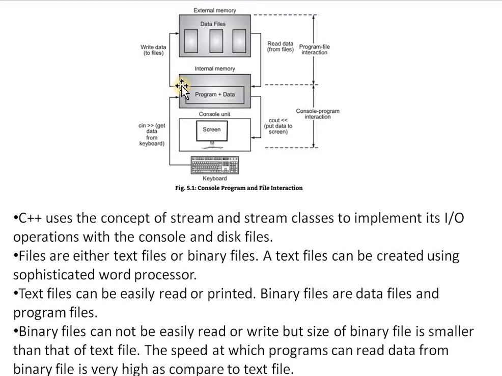When we want to write data to the file, we use external, permanent memory to write the data to the files. Whenever the program needs to read the contents of a particular file, in external memory we store different files, and each file has its own name.